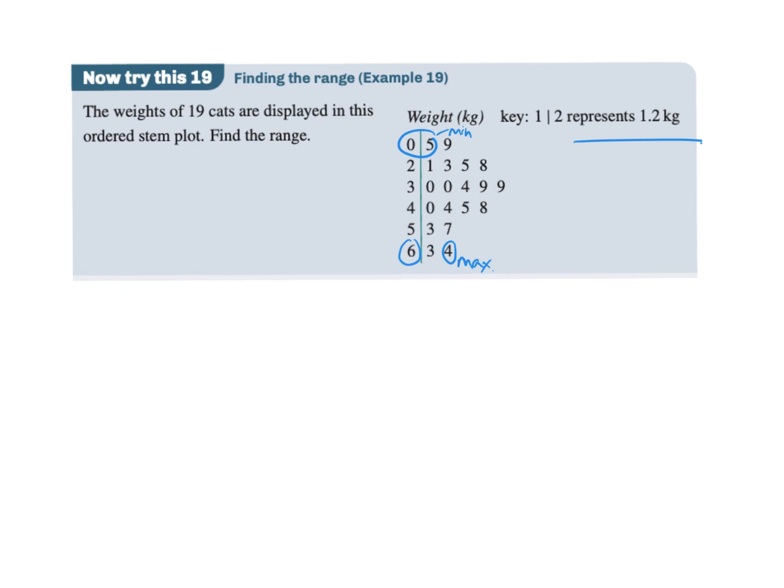So if I was doing the range of this one, let's always write the rule out so we can show the examiner what we're talking about. Now the key says that the leaf is a decimal place, or a point. So the maximum was 6.4 and the minimum was 0.5, so we've got a range of 5.9.